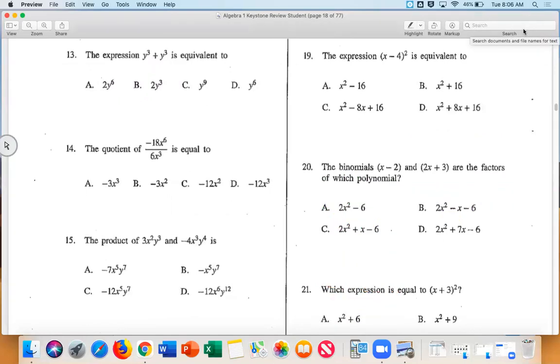All right. Now we have the expression y cubed plus y cubed is equivalent to what? Andrew. Okay. Is that your final answer?